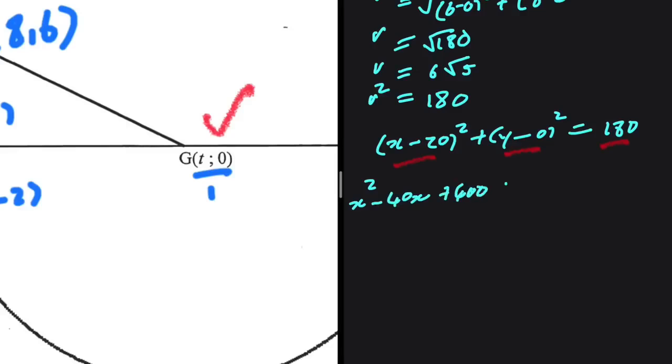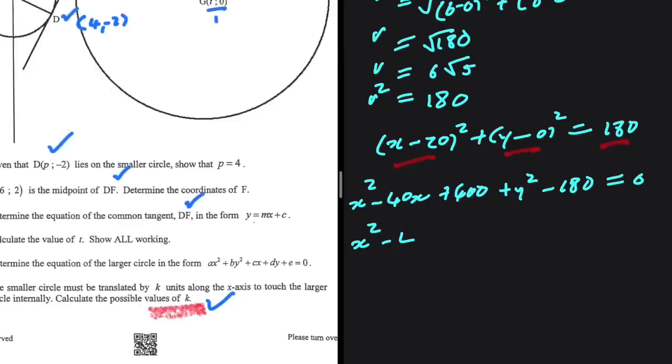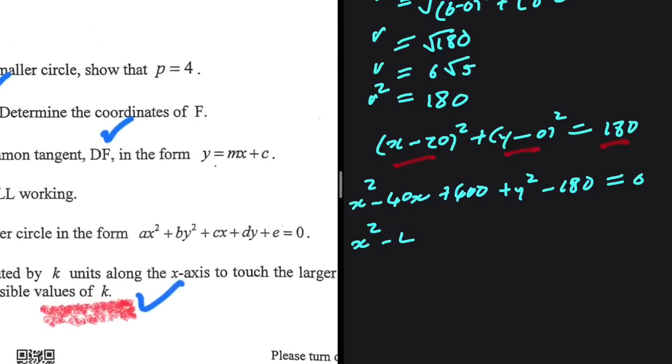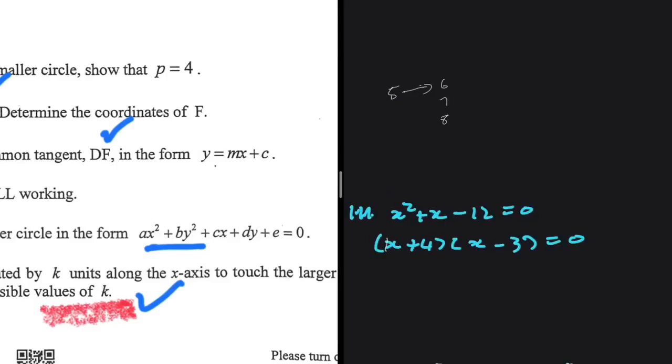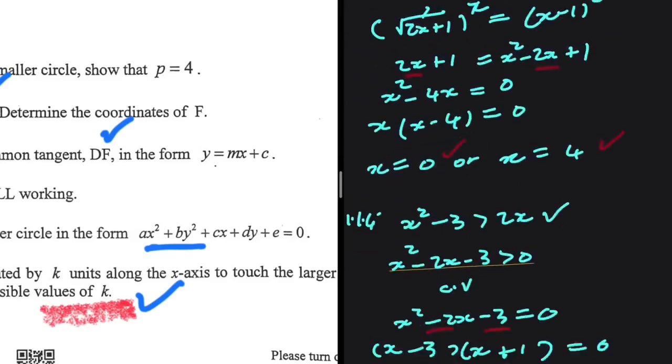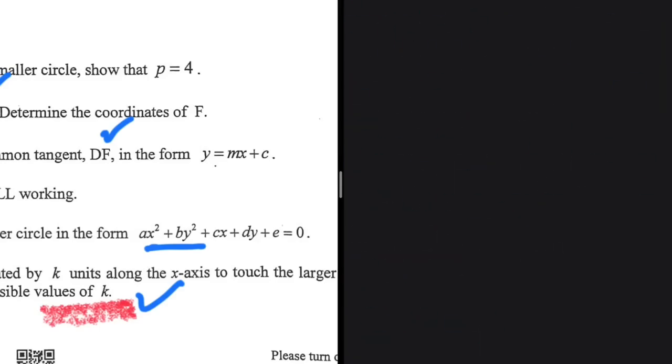And then y squared, that is plus y squared. You take 180 to the other side, we have minus 180 being equal to 0. So x squared minus 40x. Let me look at the form so that I don't ruin it. Okay, after x squared, I shall follow with by squared. So x squared plus, what am I doing? Okay, let me look for that again.